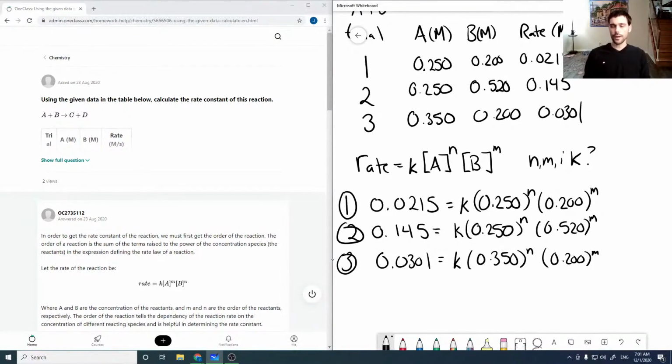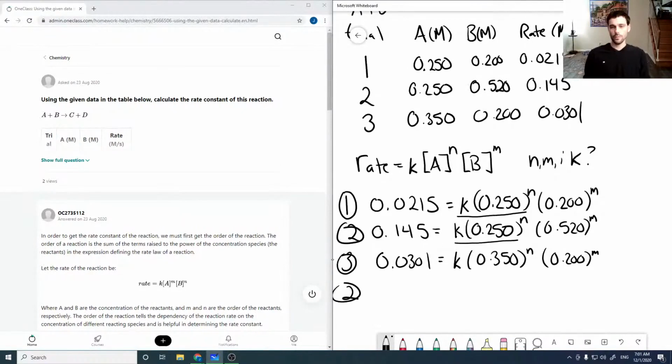Okay, so to go about starting this, we basically need to find 2 equations that we can divide by one another to get rid of the most things so we can solve it. So if we look at 1, we have K times 0.250 to the N. If we look at 2, we have K times 0.250 to the N. And so if we divide these 2, those factors will cancel.